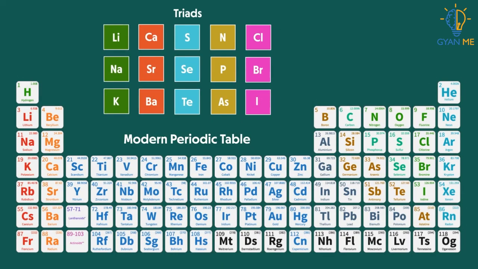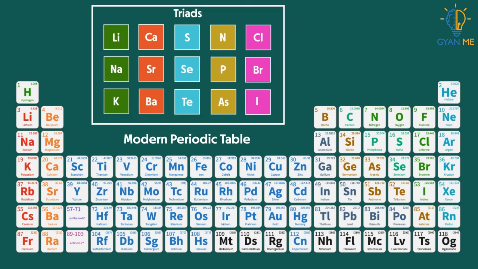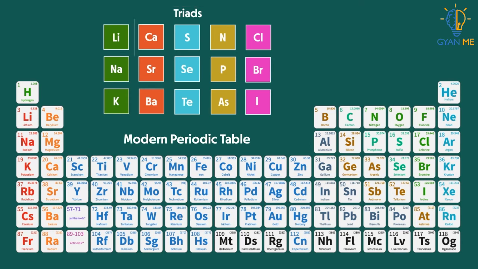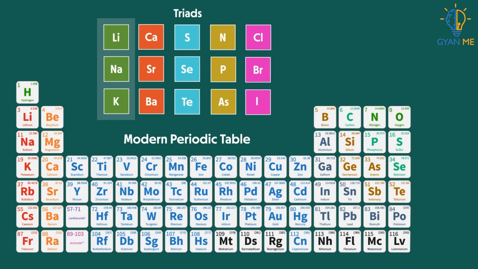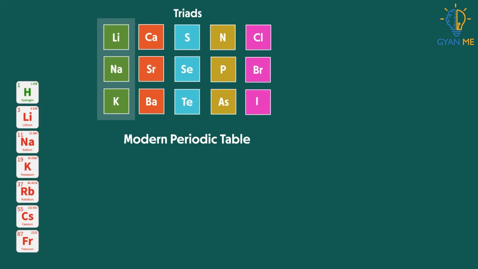We see here that triads are present in the modern periodic table also, as triads run in the vertical rows here. Let me show you. Consider the first triad, lithium, sodium and potassium, and go to the first column of the modern periodic table. What do we see here? We see the same triad arranged in the same order here. That is lithium, below it sodium and potassium.